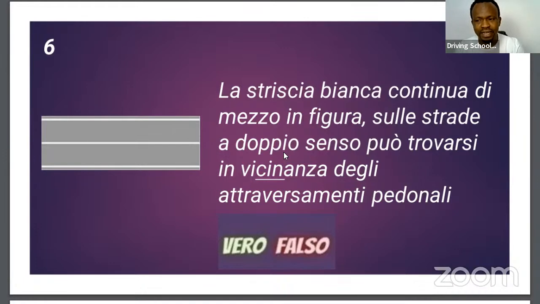La striscia bianca continua di mezzo in figura. Sulla strada a doppio senso può trovarsi in vicinanza degli attraversamenti pedonali. Now, I always tell us, sometimes let us learn how to be taking note of things around. These are things we come across every day.